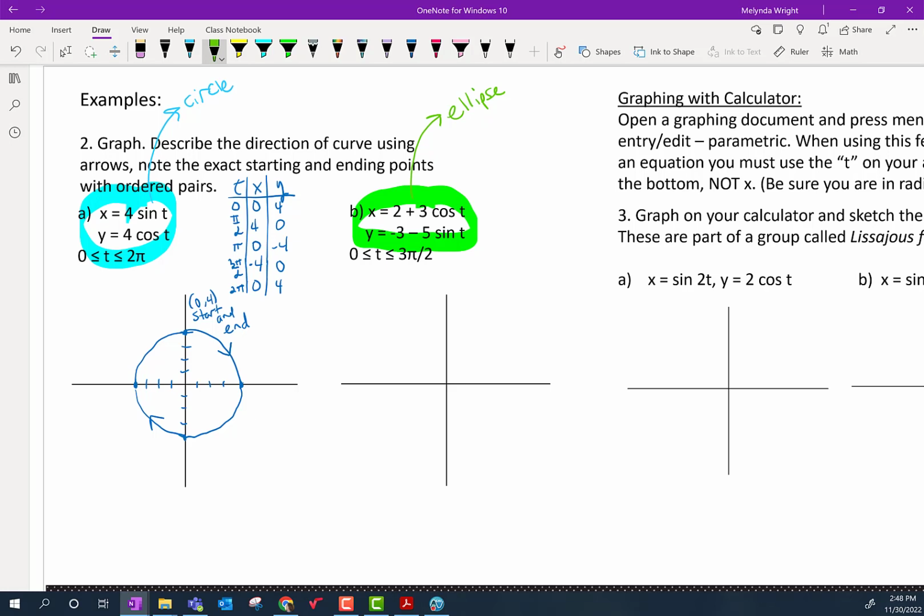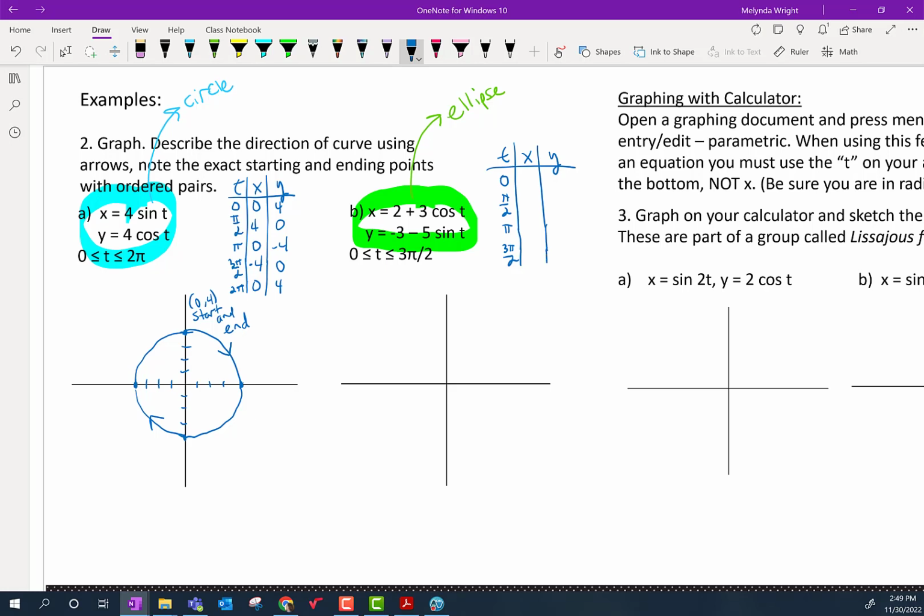Okay, so now let's work on the T-chart for part B. Is everybody pretty comfortable with how I get the numbers on the T-chart? Are y'all okay if I just simply fill it out? Just for time's sake, I'm going to fill it out. So for my times, I'm going to do 0, pi over 2, pi, and 3 pi over 2.